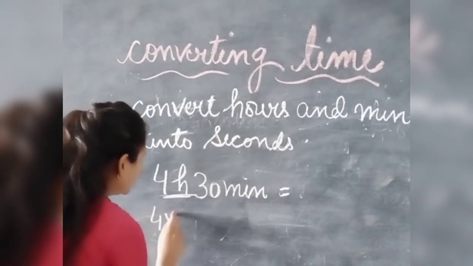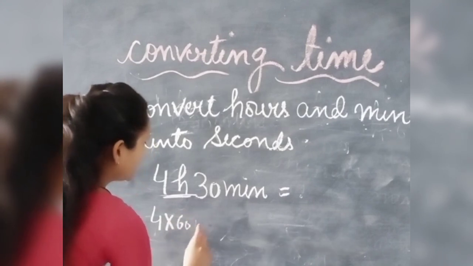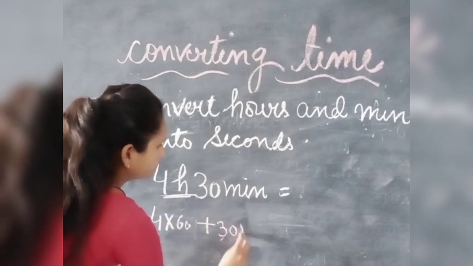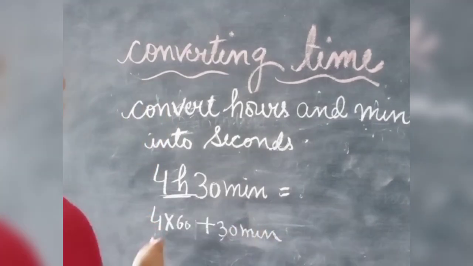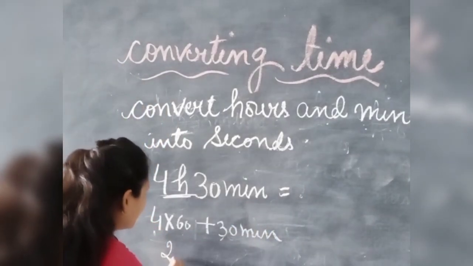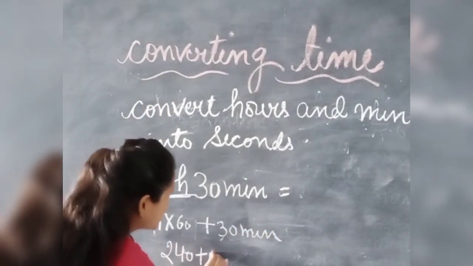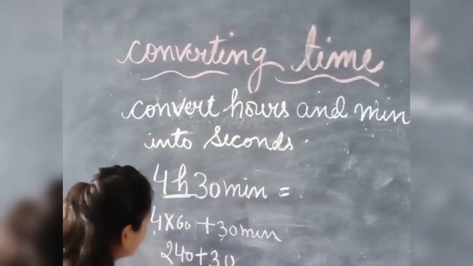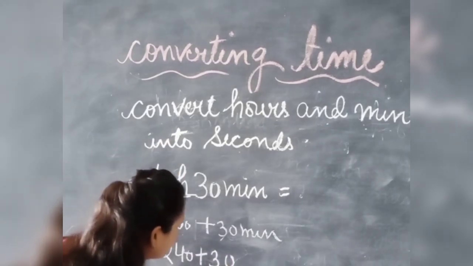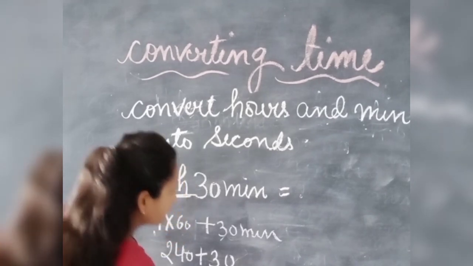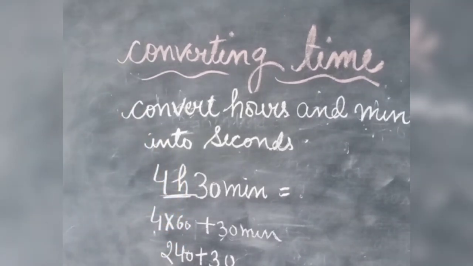So 4 multiplied by 60, plus 30 minutes. 6 4s are 24, so 240 plus 30 is equal to 270 minutes.